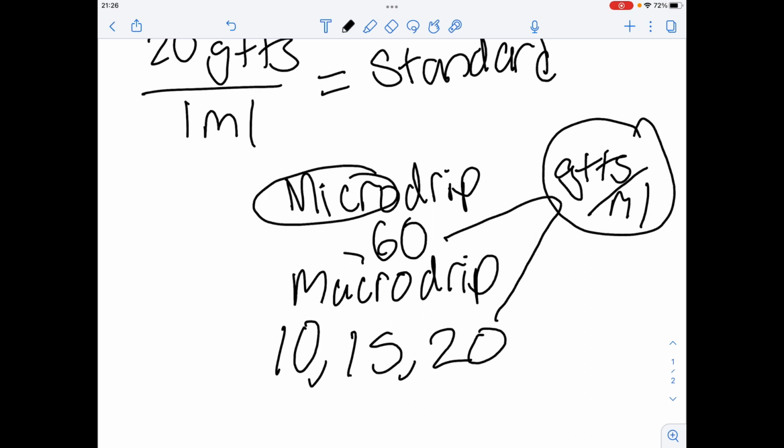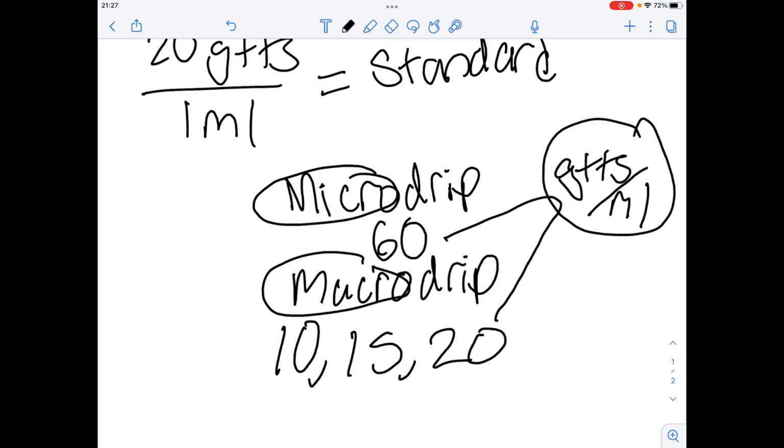Learning medical terminology, different prefixes and suffixes can change the meaning of a word. So micro, we learned, meant small, and macro meant large. So if we have 60 drops within 1 milliliter, if we can fit 60 of something into one thing, those things are going to be much smaller than if we can fit 10 of the same thing into 1 milliliter.